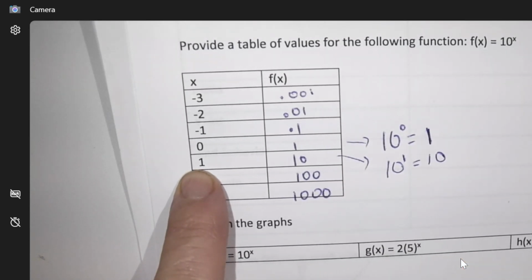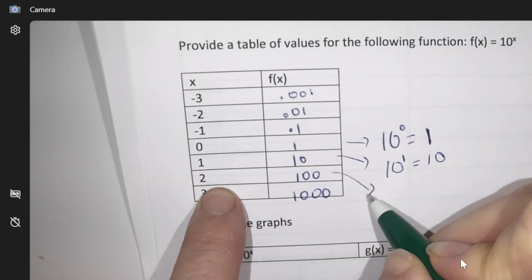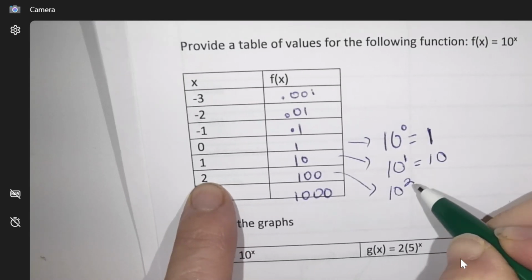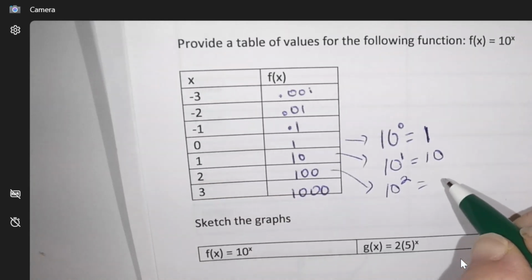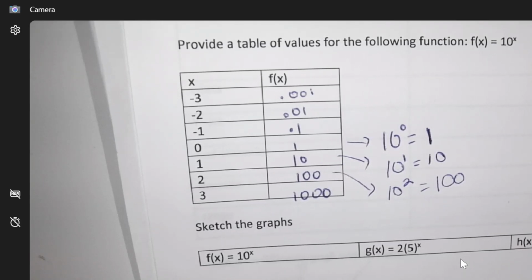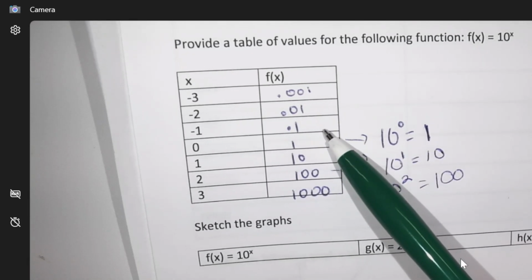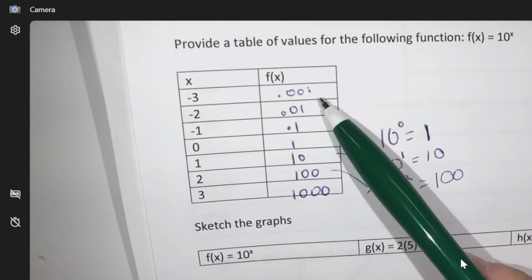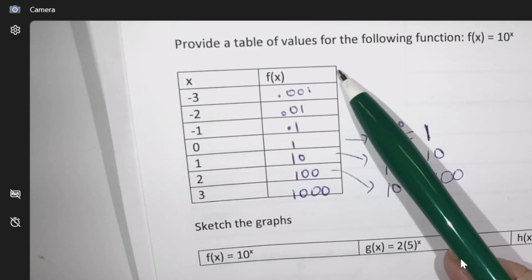Do you see where all these numbers are coming from? If x was 2, what is 10 squared? 100, right? So do you see why these numbers are increasing really quickly? And then same here. They're also decreasing, decreasing quickly.